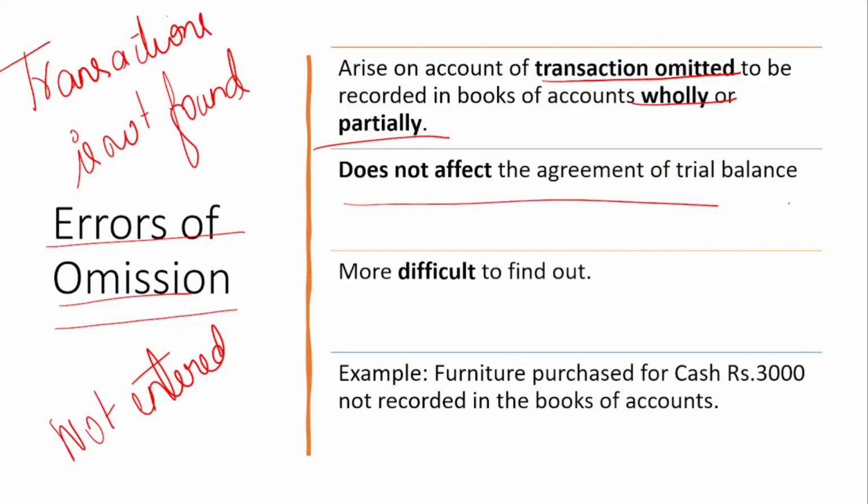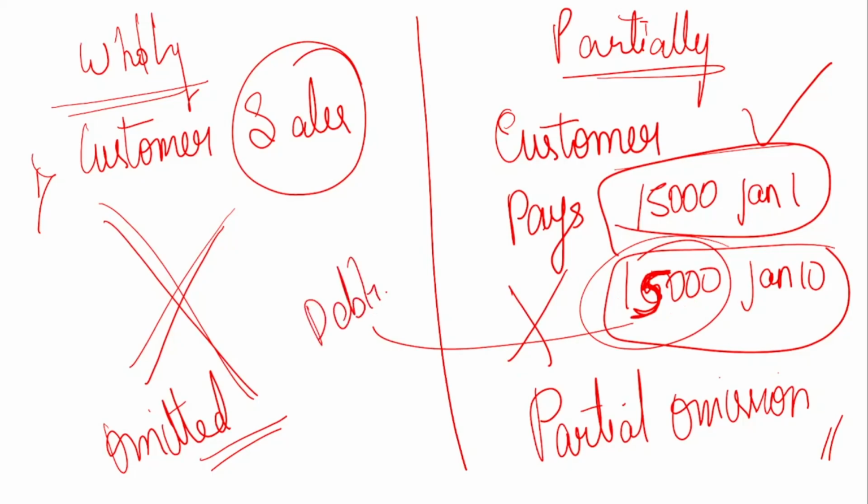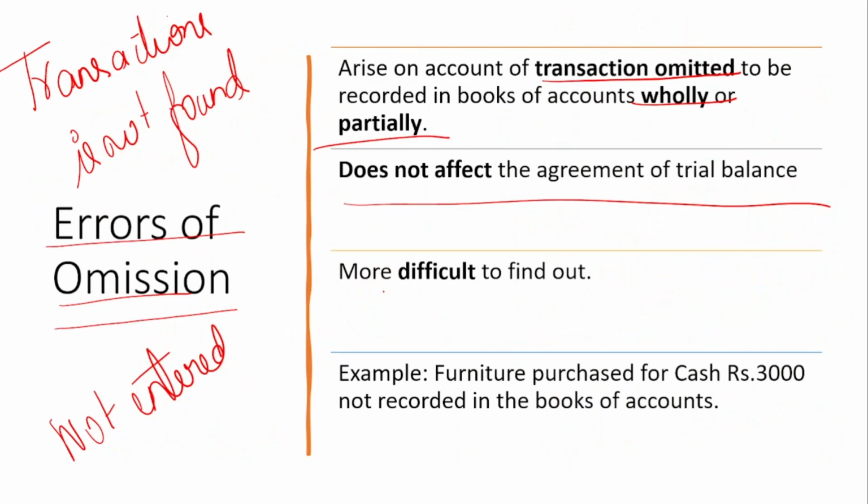But this will not affect the trial balance. In the trial balance, what happens if it is not recorded? It will not affect it anyhow. And in this 15,000, if you have not entered that you have received it, then it will be on the debtors side, shown as debtors in the trial balance, so it will not affect the trial balance, and it is very difficult to find out.